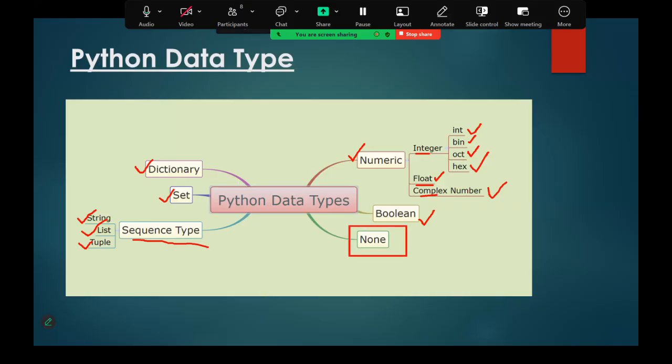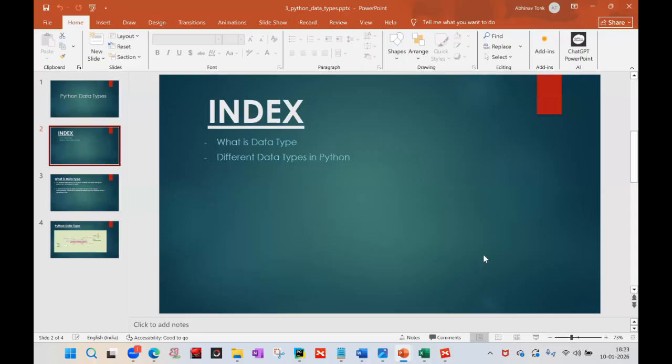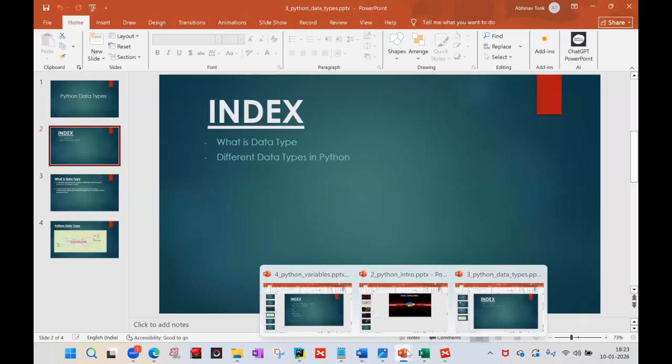When we define a variable as None, it represents nothing, meaning the variable does not belong to any data type. So this is the quick introduction to data types.